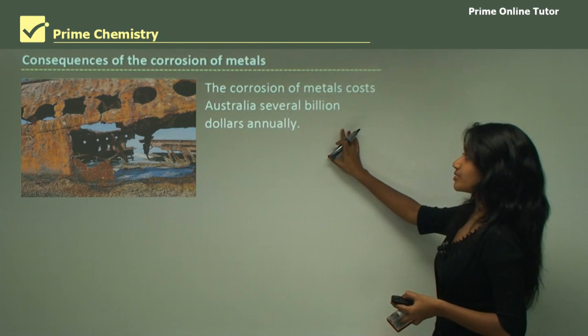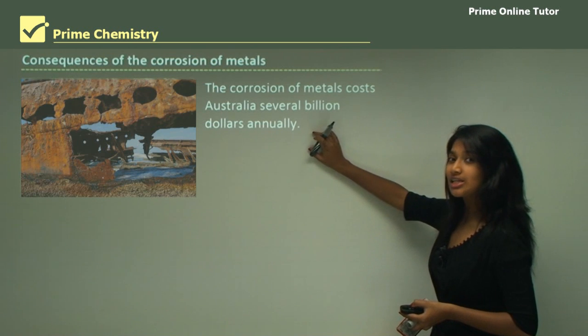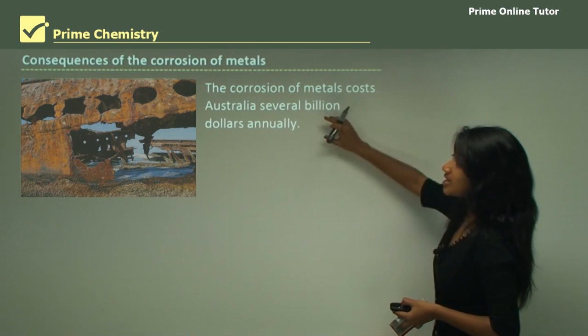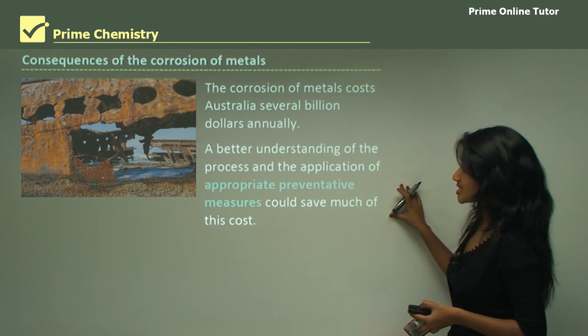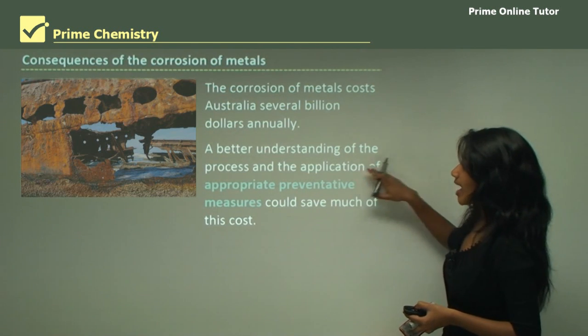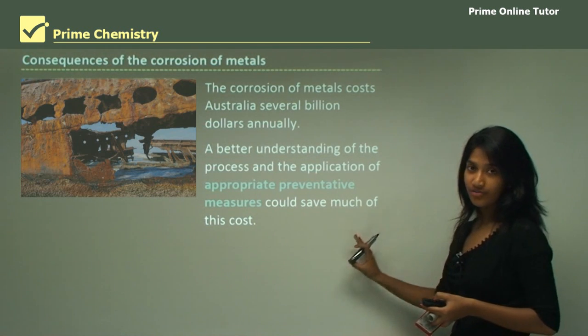The corrosion of metals costs Australia several billion dollars annually. So it's clearly a very costly process. It has very bad disadvantages as well. A better understanding of the process and the application of appropriate preventive measures could save much of this cost.